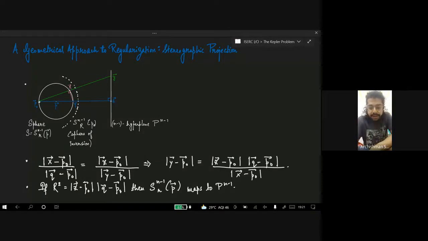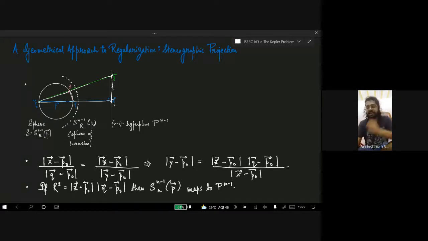Having said that, let's take a point X on the smaller, quote unquote, sphere. If you draw a line that passes through X and meets the hyperplane at a point Y, you notice that this triangle and the outer triangle are similar triangles. From what you might have studied in geometry, if I have similar triangles, I can consider ratios of corresponding sides.